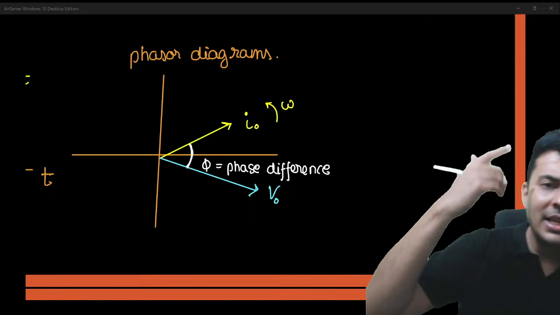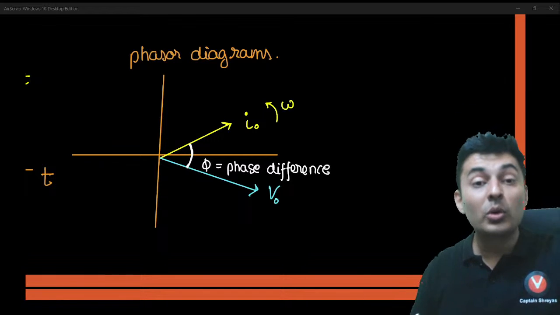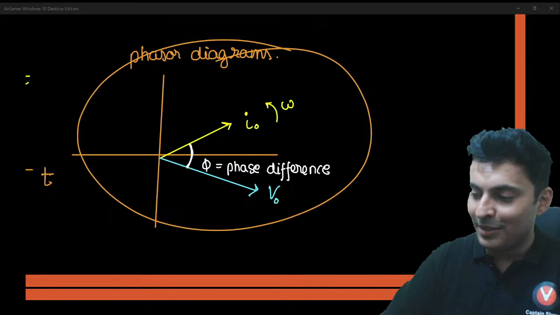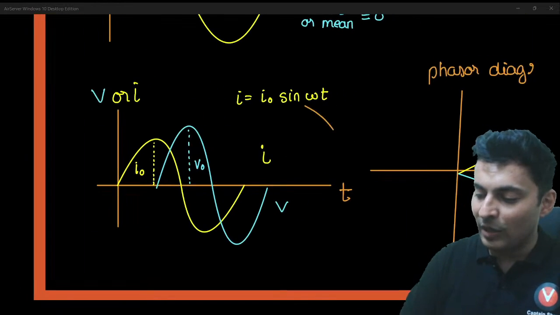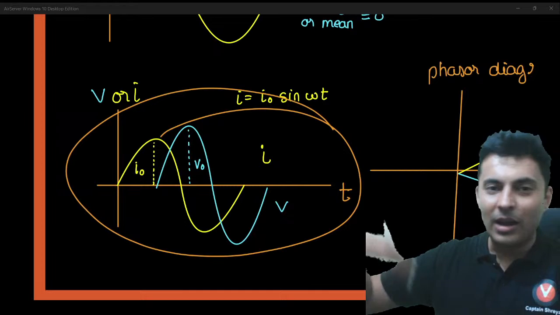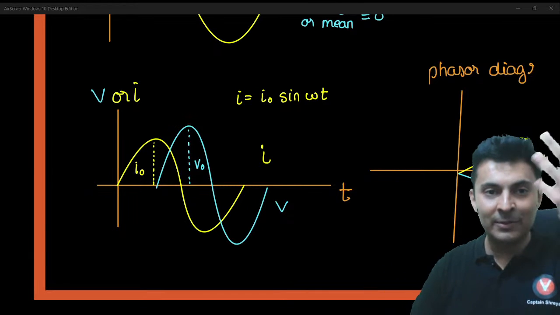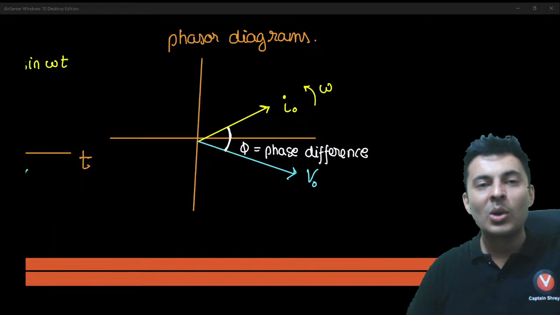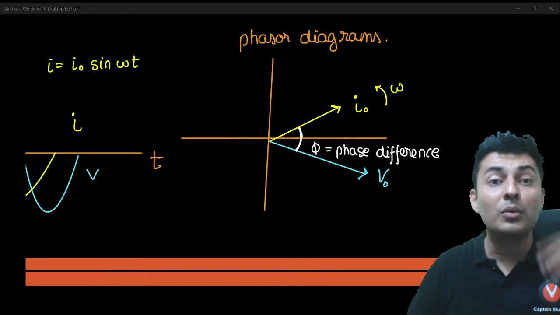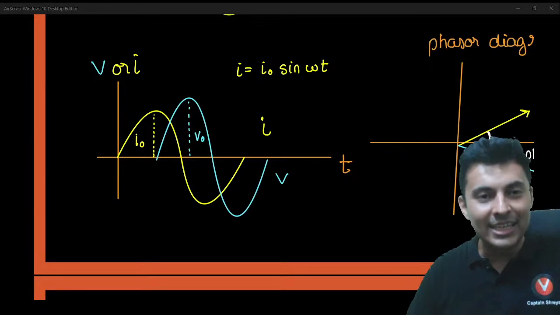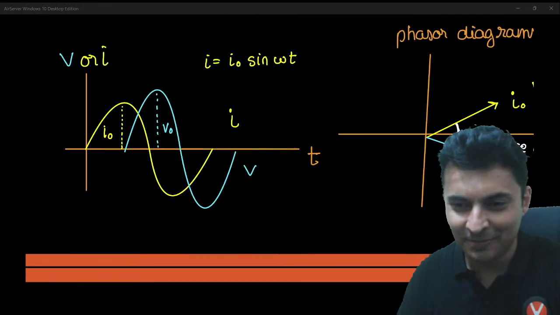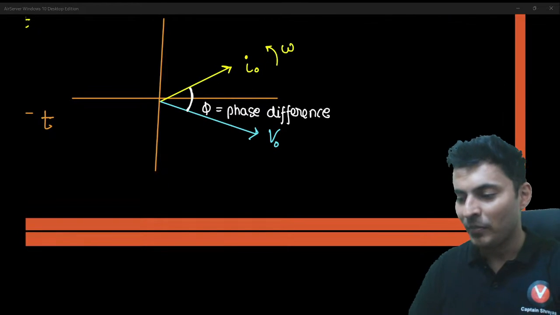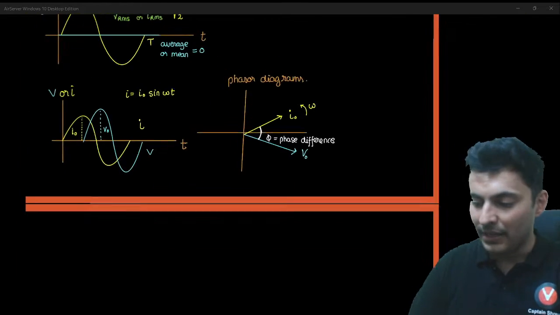It's like remembering SHM is the projection of circular motion. So this is that circular motion, and this is that oscillatory motion, up and down, up and down. Remember this from SHM? So a phasor diagram is that uniform circular motion whose shadow, whose projection, whose component is that oscillatory or SHM motion. Yes, very good. Excellent. Okay, so keep all these things in mind.